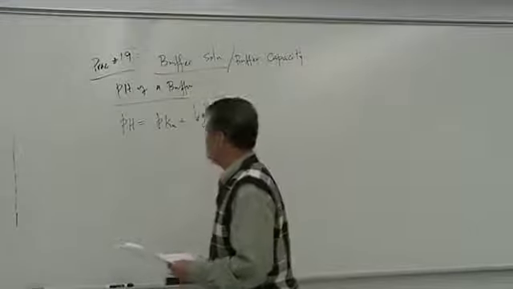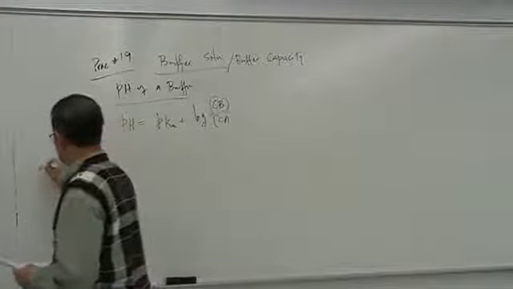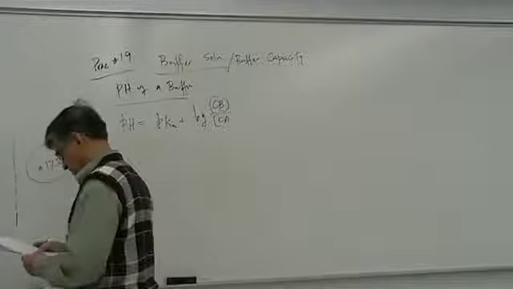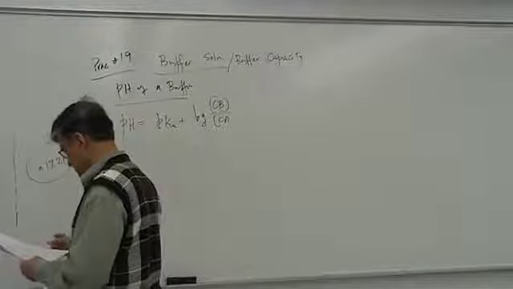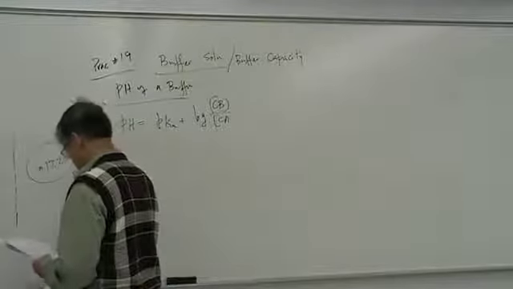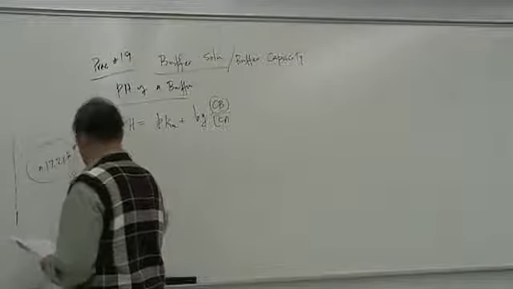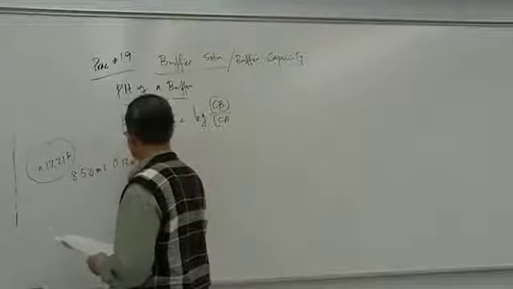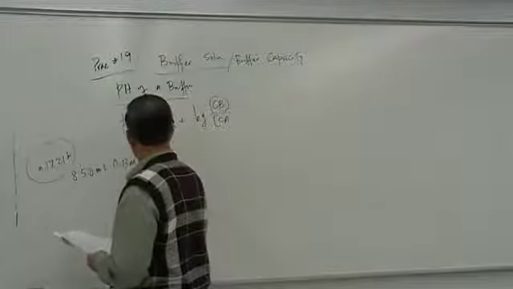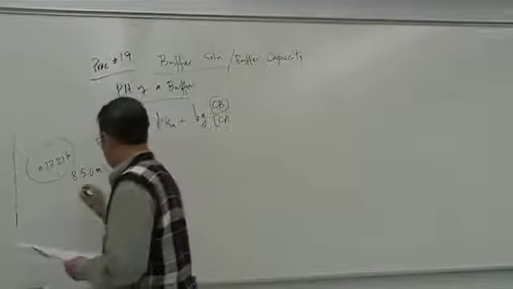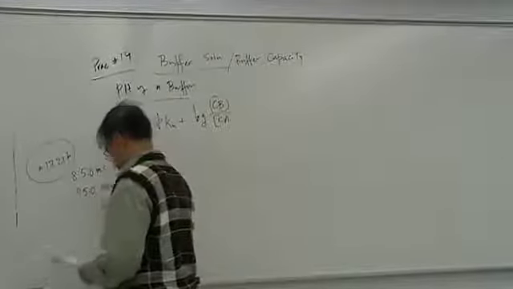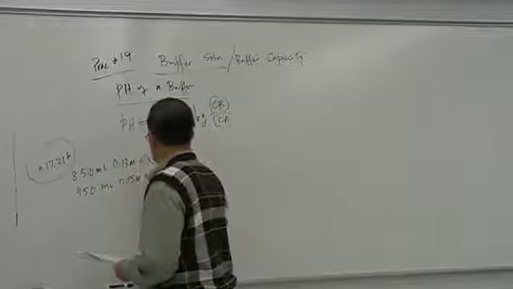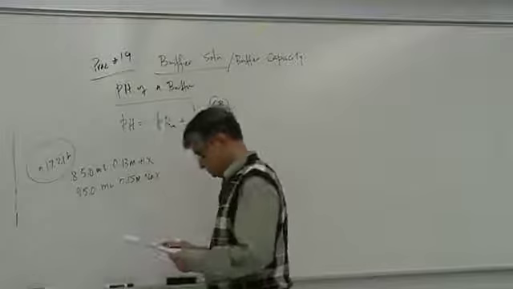Now for this I have chosen problem number 17.21b. The given information is 85.0 ml of 0.13 molar HX, which we're calling the weak acid, and 95.0 ml of 0.15 molar sodium compound.